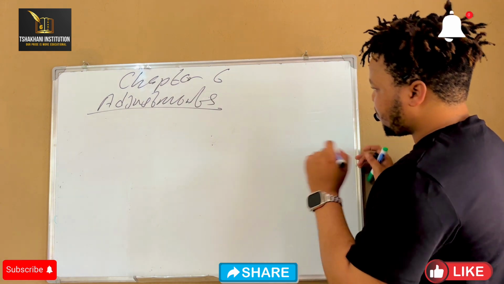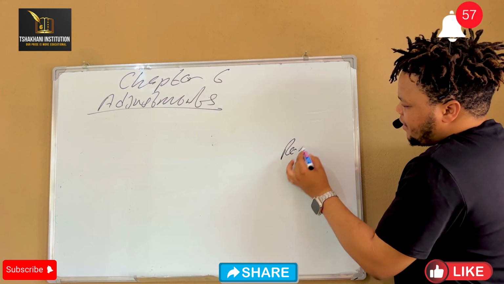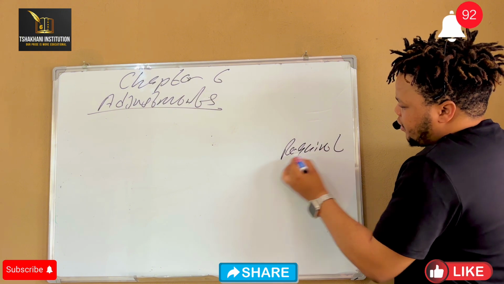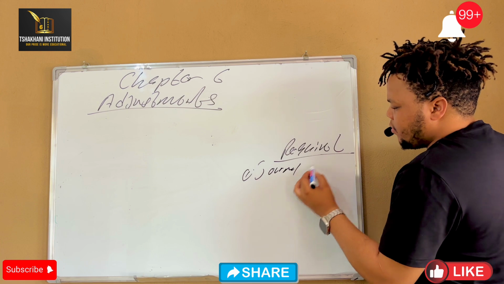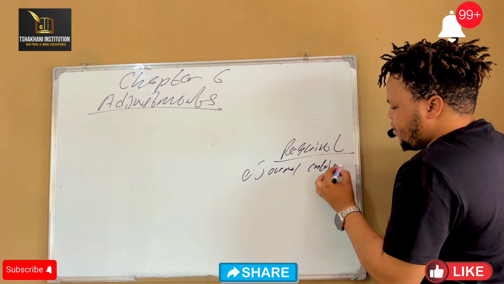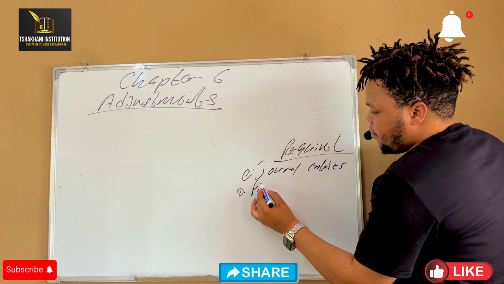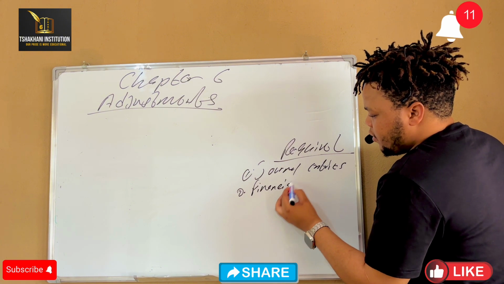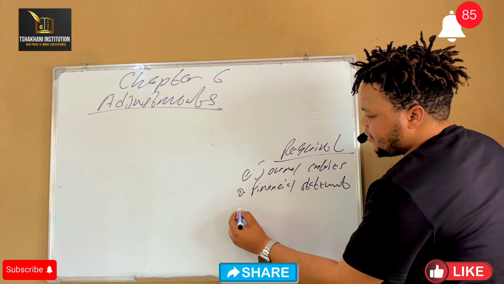So today, I'm going to do chapter 6. And what we are expecting is that chapter 6 will deal with journal entries. Number 2, they are going to ask you to prepare the financial statements.